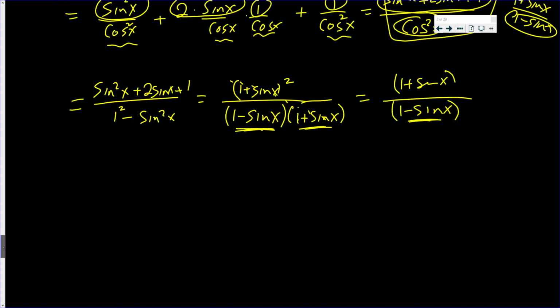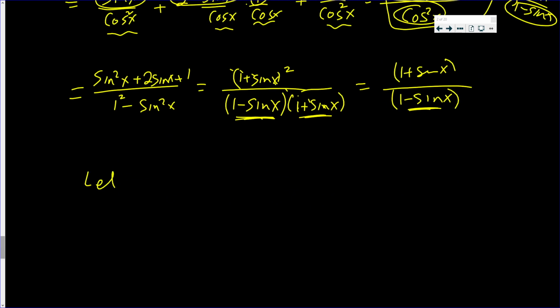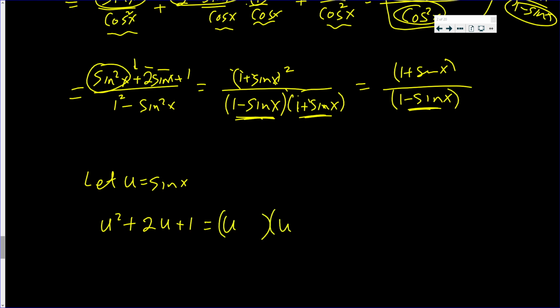And we can do that in 2 ways. If I let u equal sine x, then that's u squared plus 2u plus 1. So it's going to be u followed by a number times u followed by a number. The 2 numbers should multiply out to 1 and add up to 2.